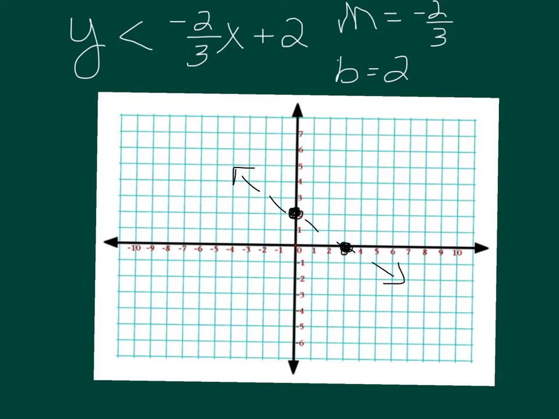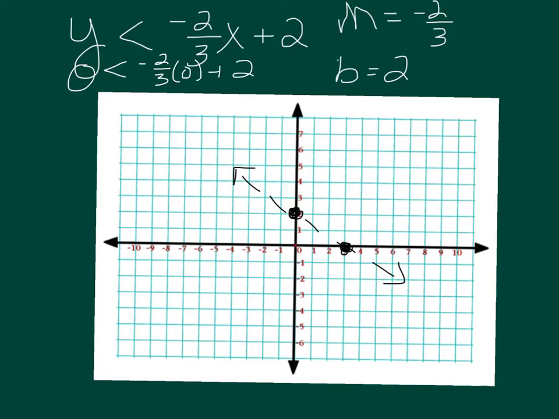Now, if you accidentally draw a solid line, make sure you either correct it or write a little note next to it so I know that it's supposed to be a dashed line. Don't leave me guessing. Okay, and then the point 0, 0, which is right here, is not on the line, so we're going to plug in 0, 0 into our equation. So when we do that, we're going to get 0 is less than negative 2/3 times 0 plus 2, because x is 0 and y is 0.